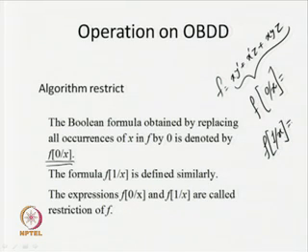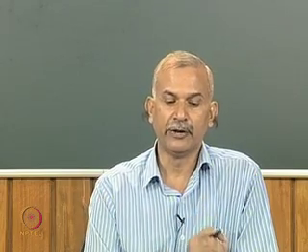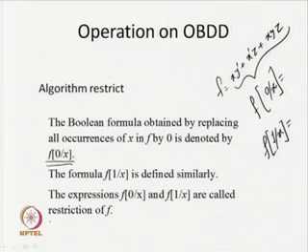That means we are putting a restriction on one variable. I am saying that x will always be 0 only, or that x will always be 1 only. You just look at the valuation of this function depending on the other variables. This is basically known as the restriction of f. We are going to restrict the valuation of the function with respect to some variables.